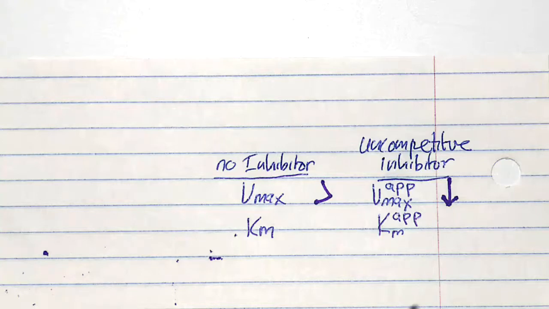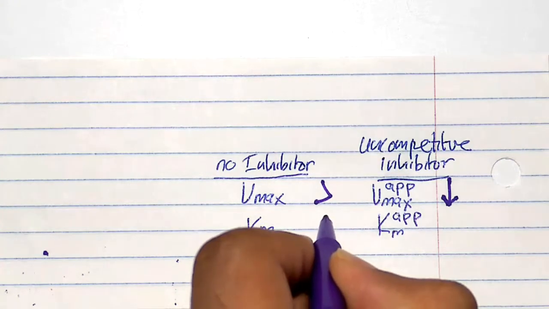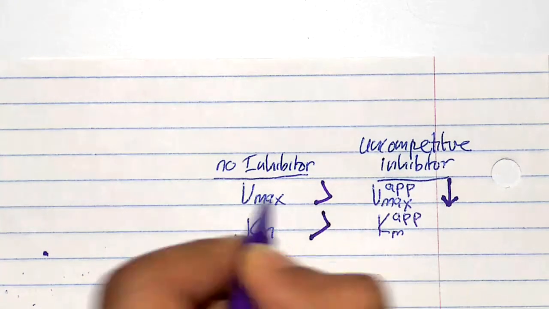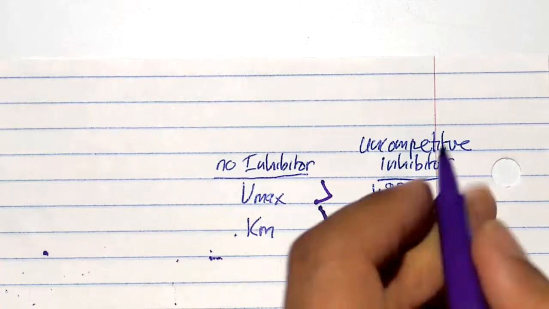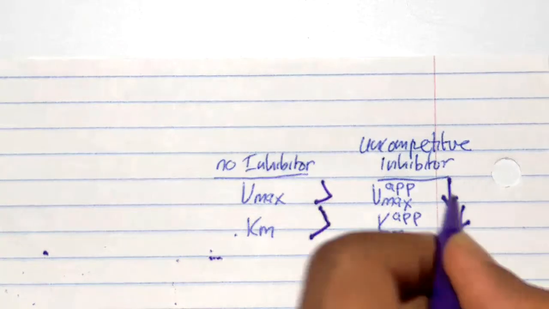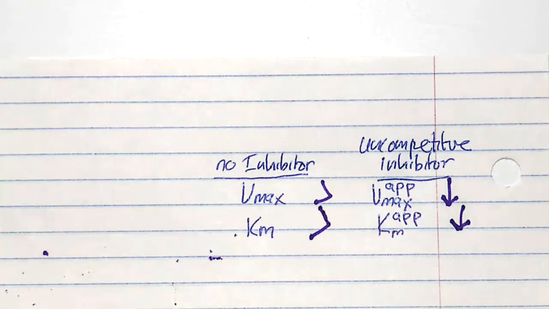If you thought about it enough, your Km will also go down, so your apparent Km also goes down. So that really seems odd, that now it's going to take less substrate concentration to achieve Vmax over 2.